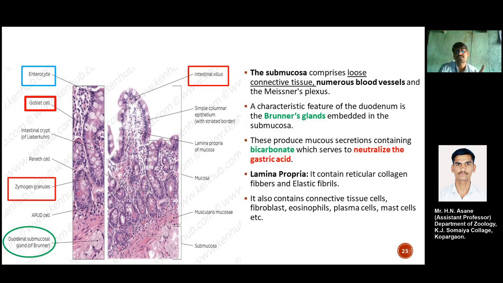Then the lamina propria also contains the connective tissue cells: fibroblasts, eosinophils, plasma cells, mast cells, etc., all other cells of the human system. The eosinophils and these mast cells are inflammatory cells.